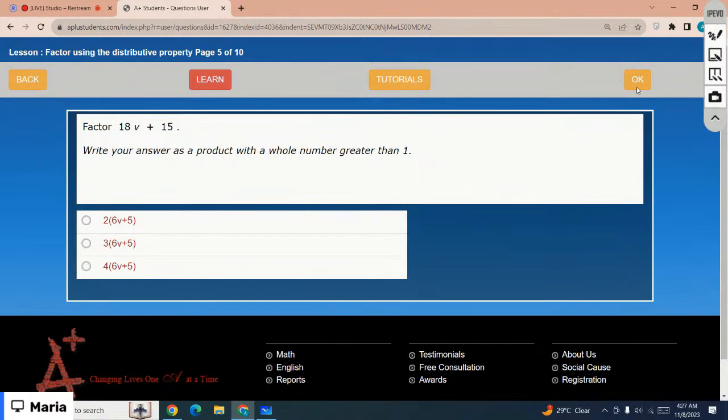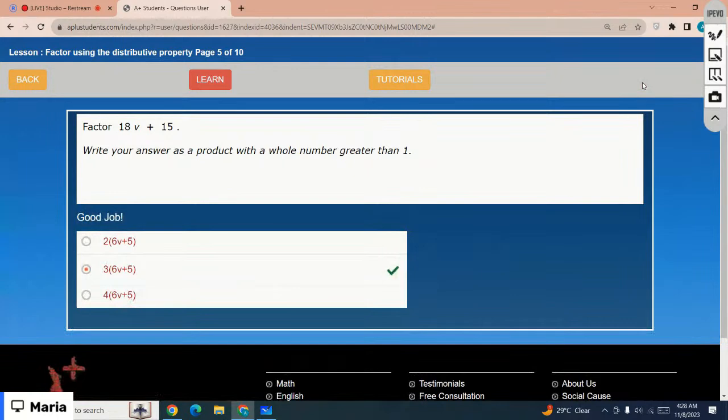Yes, that would be option number 2 is the correct option, right? You can take common 3, so that would be 3 times 6v plus 5. Very good.